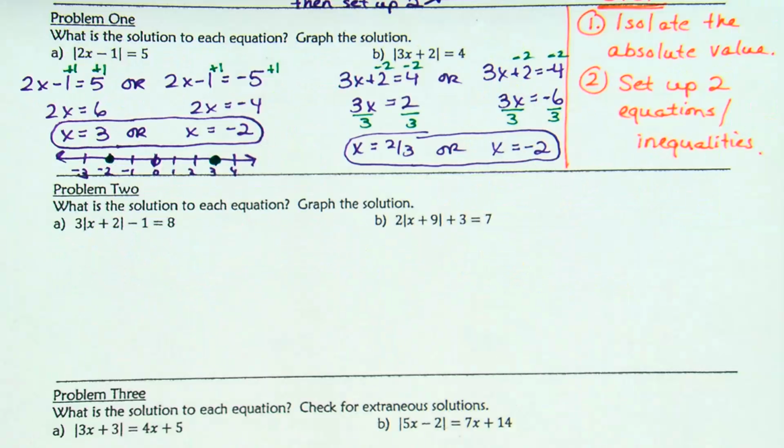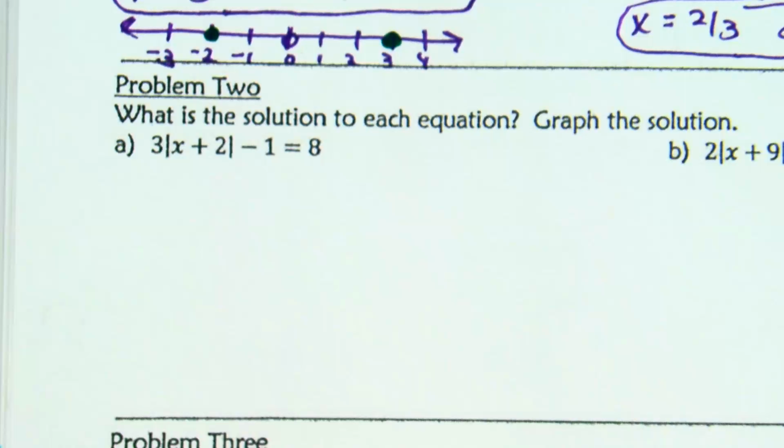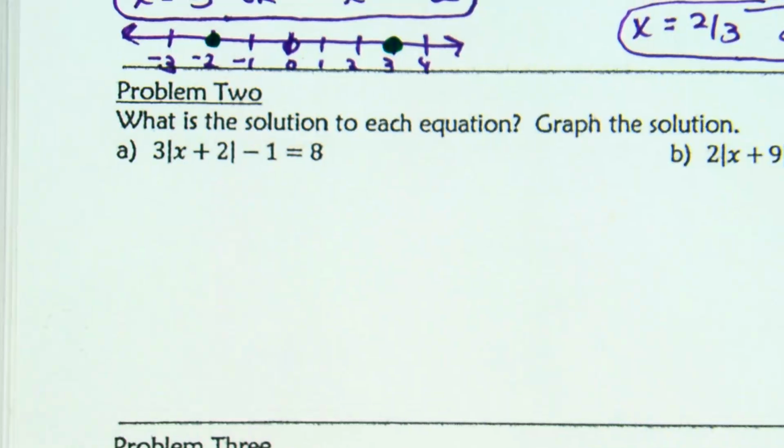So as I go to isolate this absolute value, let me zoom in on it. Think of this absolute value like a variable. So if this was, say, 3A minus 1 equals 8, how do you solve that? That wouldn't be your first step, though, would it?